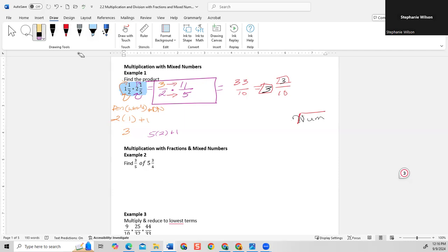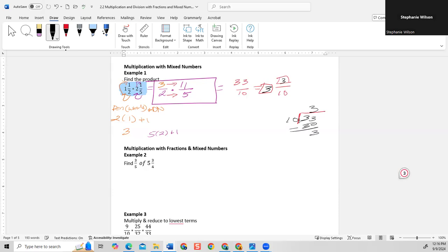So the denominator is 10, and my numerator is 33. 10 goes into 33 3 times. 3 times 10 is 30. Subtract.